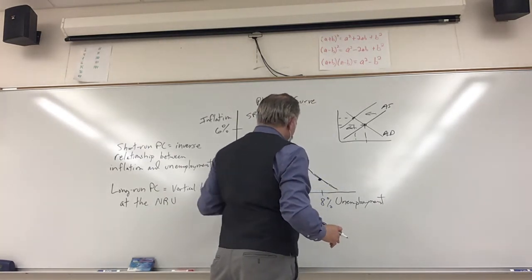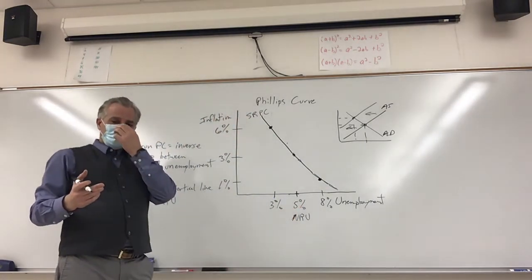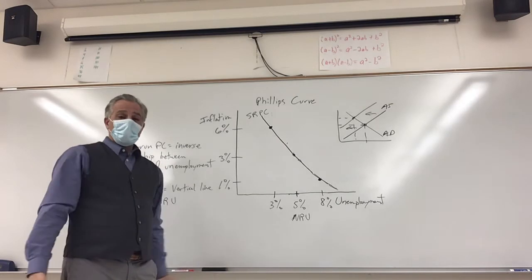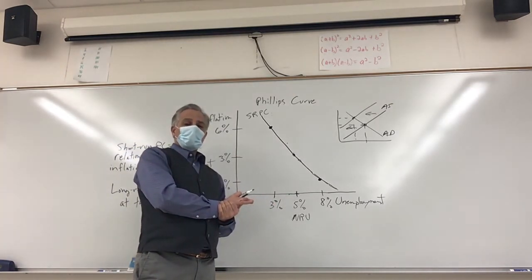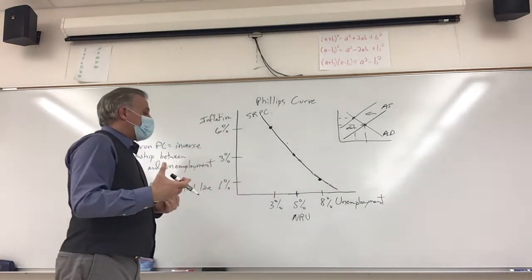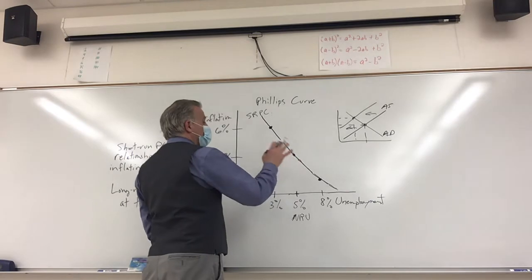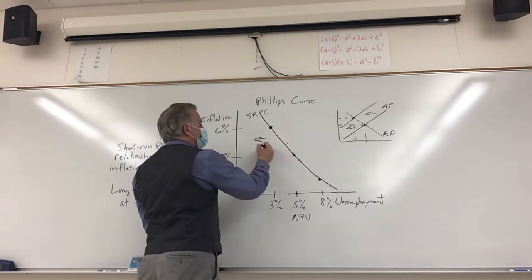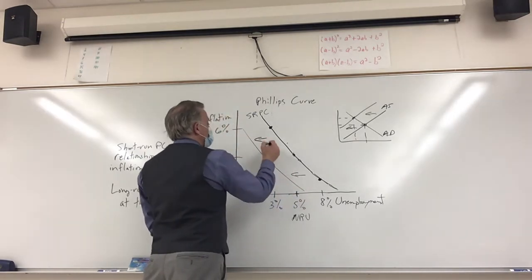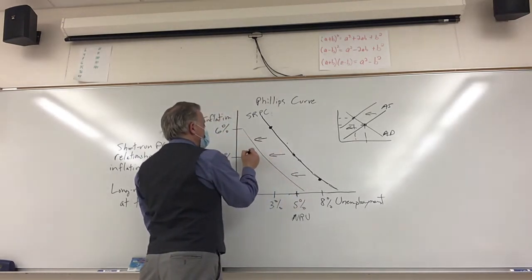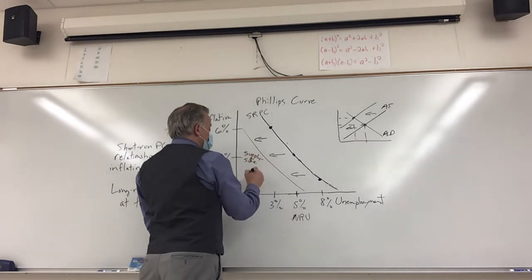Ronald Reagan came in, lowered corporate taxes, we had improvements in technology, we had lower cost of oil, less government regulations, supply side economics. Well, an increase in aggregate supply sends us into Happyville over here. The short run Phillips curve comes over here, and we have supply side economics.